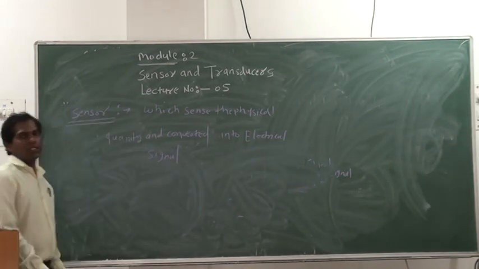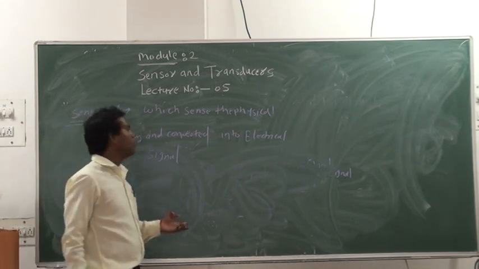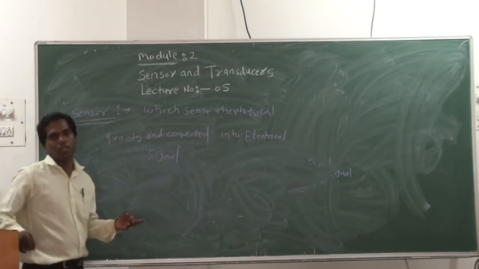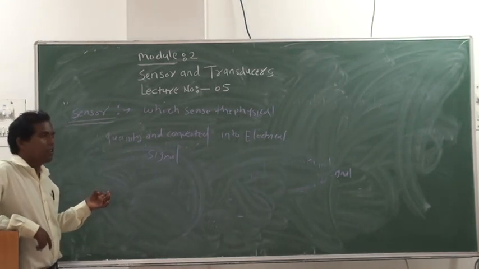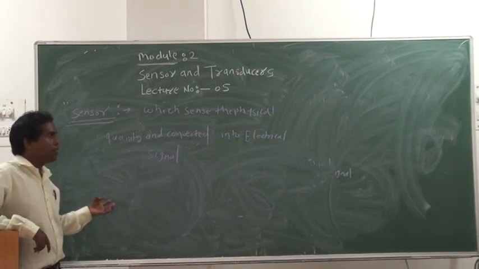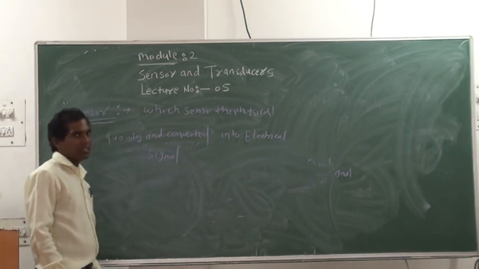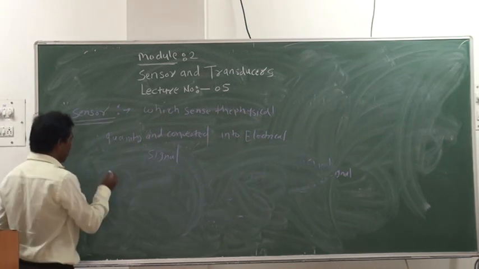So sensors sense a physical quantity and convert it into an electrical signal. The physical quantity may be pressure, flow of water, light intensity, humidity. These are the physical quantities which are sensed by the sensor and converted into an electrical signal. The best example of a sensor is your microphone.